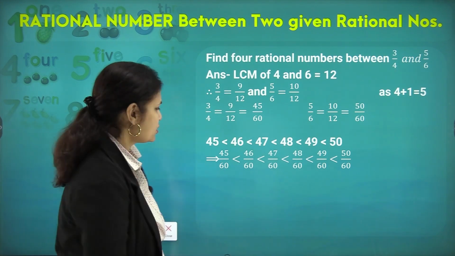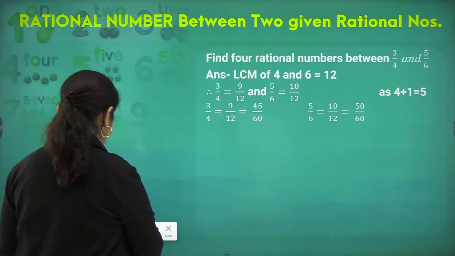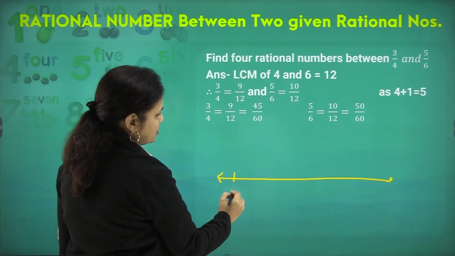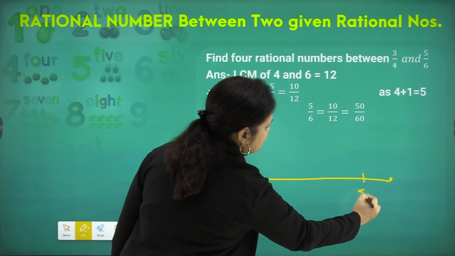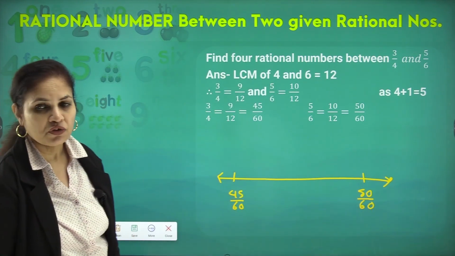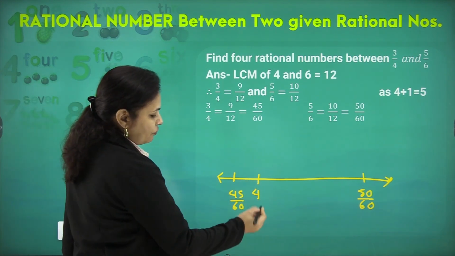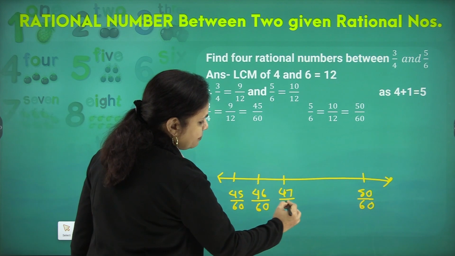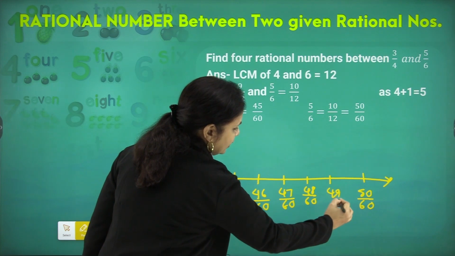Again, suppose if I represent this on a number line, my first value is 45 upon 60, the last value is 50 upon 60, and if I have to insert 4 rational numbers, the first can be immediately after 45 upon 60, I can have 46 upon 60, then I'll have 47 upon 60, then I'll have 48 upon 60, then I'll have 49 upon 60.